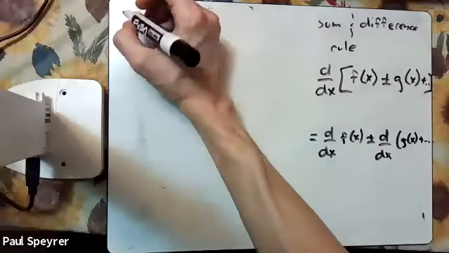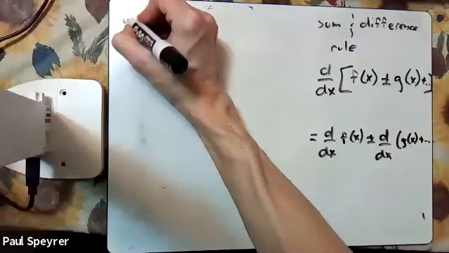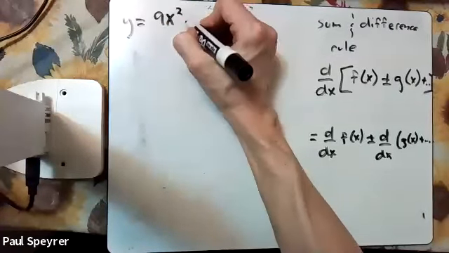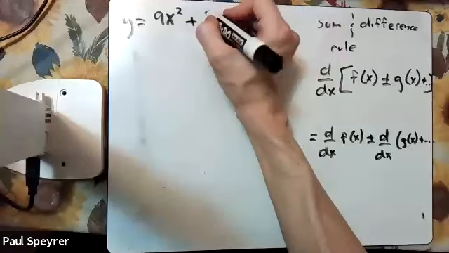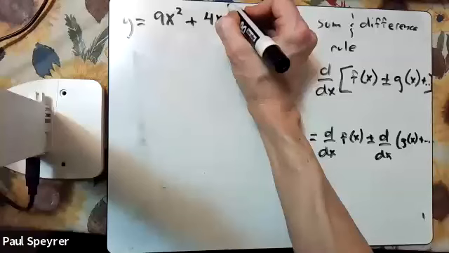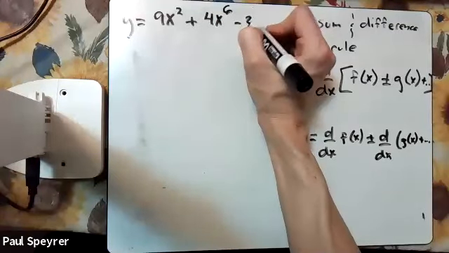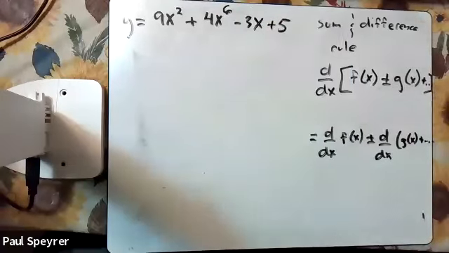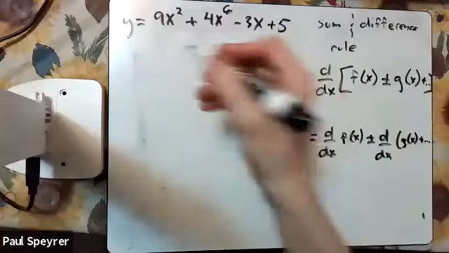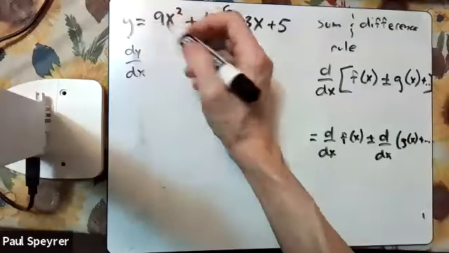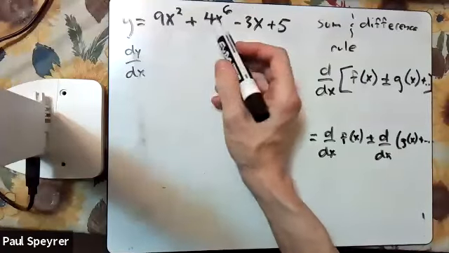So if we had y equals 9x squared plus 4x to the sixth minus 3x plus 5, and you want to find the derivative, well, we would apply this d dx to every single term right here.